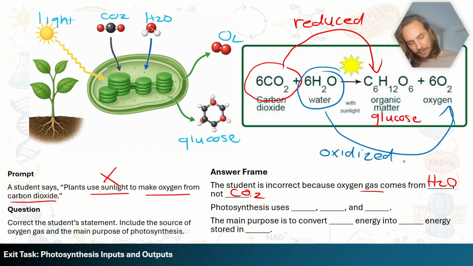Now, photosynthesis uses what? Photosynthesis uses water, carbon dioxide, and light energy. And the main purpose is to convert the light energy into chemical energy stored in carbohydrates.